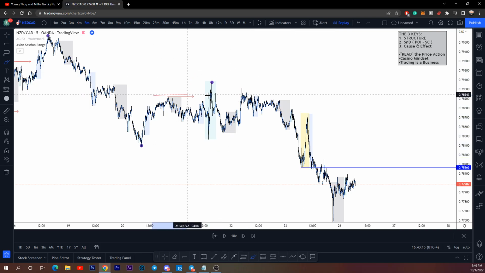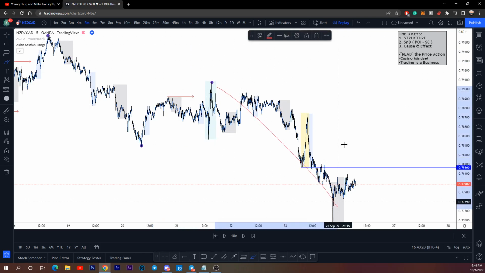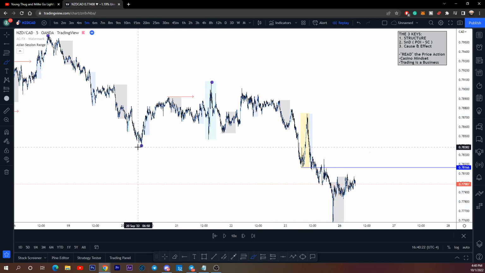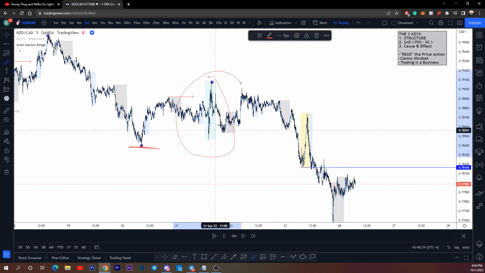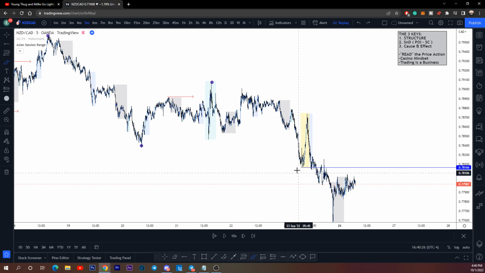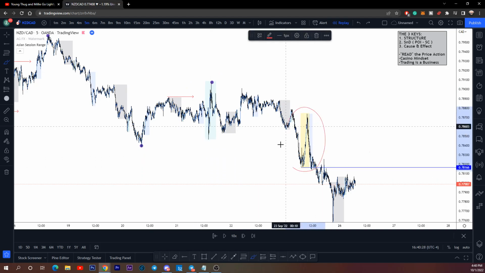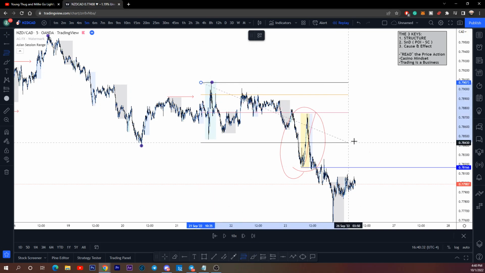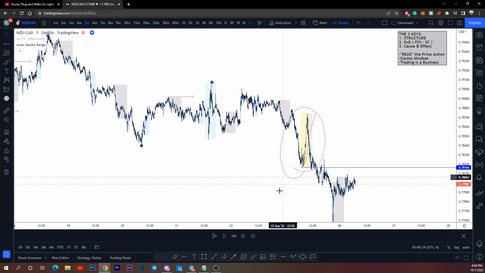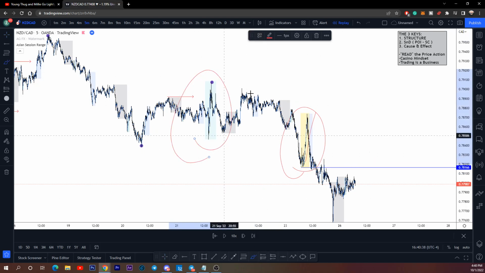As you guys can see, we raided these highs, raided Asian highs, and the market continued lower, right? And then once we broke this low here, we confirmed this manipulation that happened. So what happened here was we had a news event that came back to mitigate this manipulation. We didn't quite reach the 50%, but we did come back and mitigate this manipulation, right?